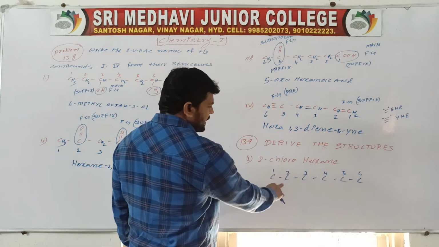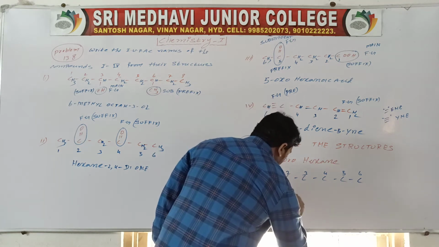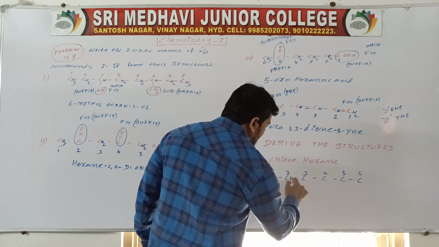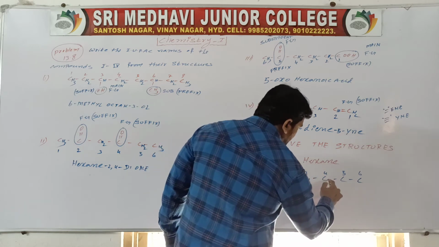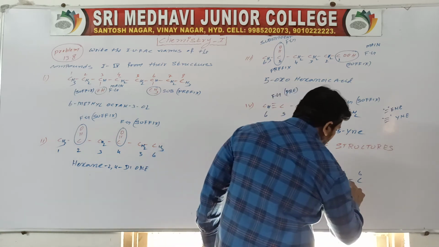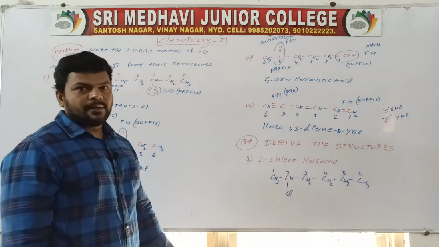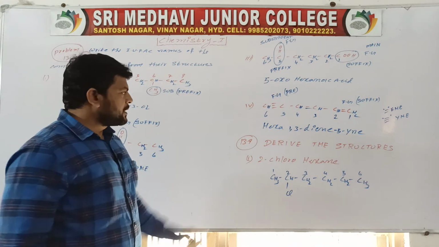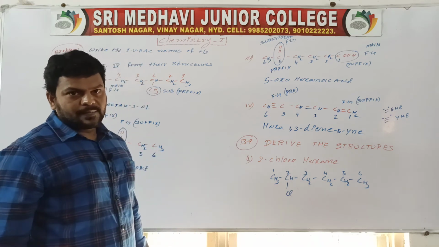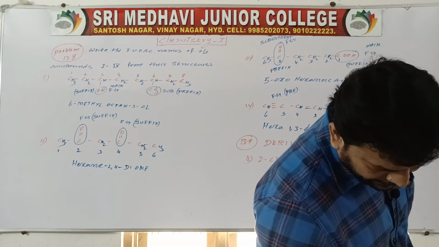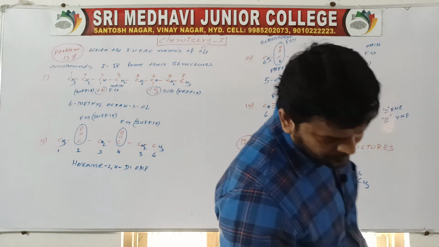So 2-chloro, second carbon containing chlorine. So CH3, CHCl, CH2, CH2, CH2, CH3. So this is the way we may write 2-chlorohexane.